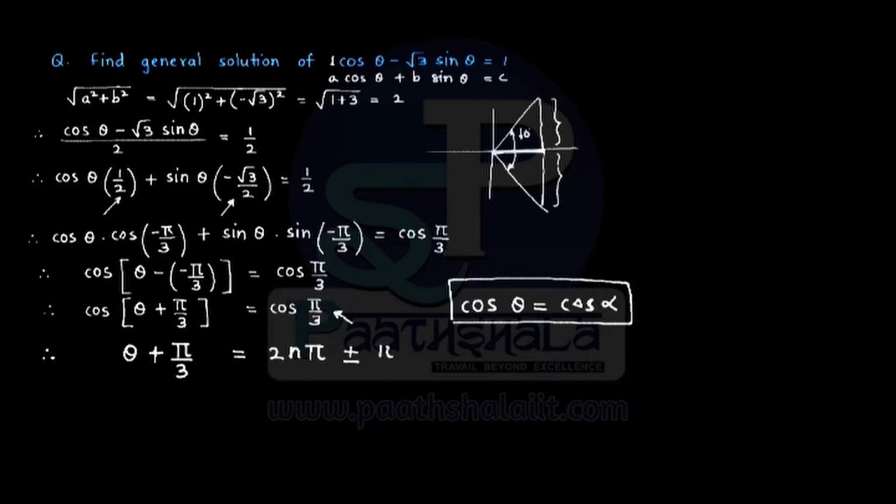So here it is pi by 3. So therefore at the end we can write theta is equal to 2n pi minus pi by 3 plus or minus pi by 3.